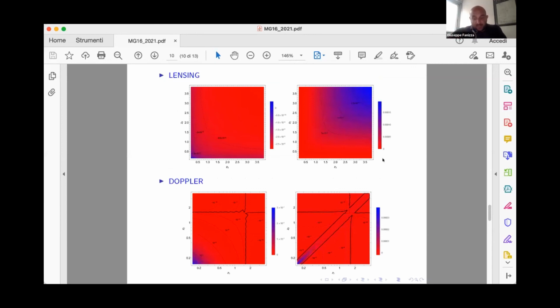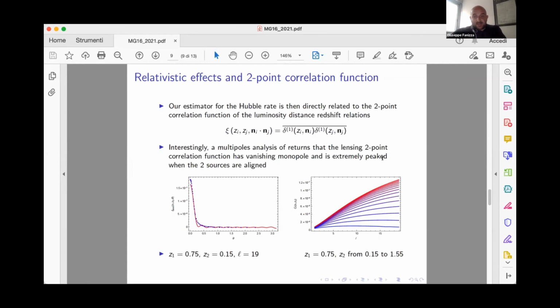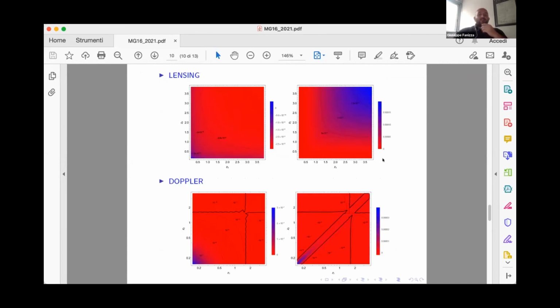So for the purpose of estimating this value, what we first want to investigate is the amplitude of the maximum and the minimum of this two-point correlation function for lensing and Doppler, in particular in the configurations when sources are aligned and anti-aligned.